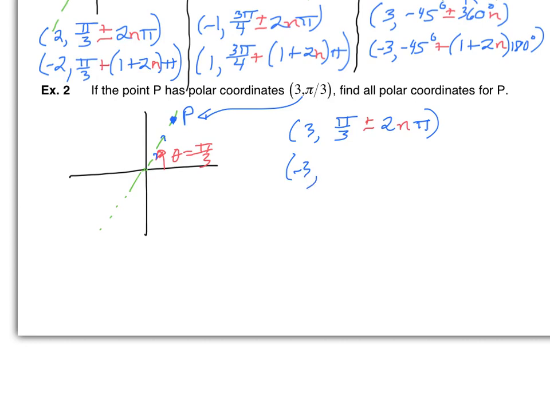Do I keep theta or change it? Keep it. And then plus, parentheses, 1. Skip 1. Technically it's plus or minus 2n times pi, and n. And then these represent all of our possibilities.